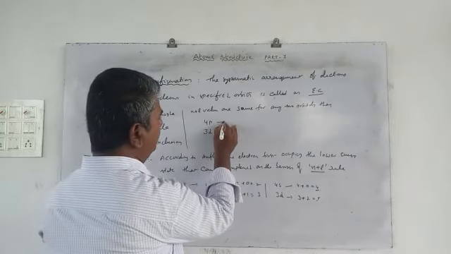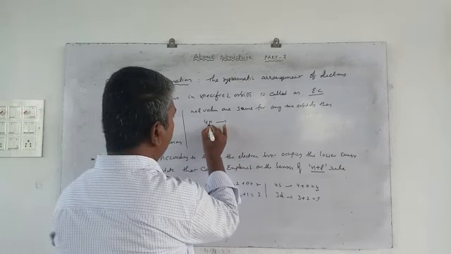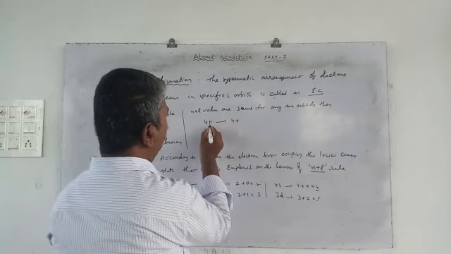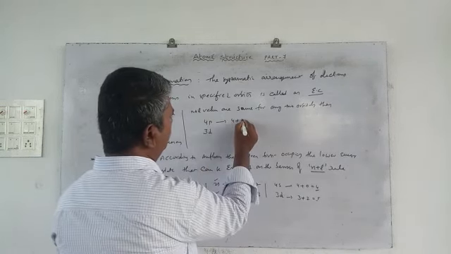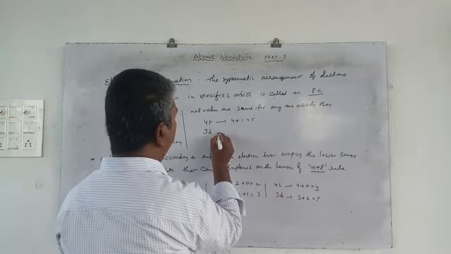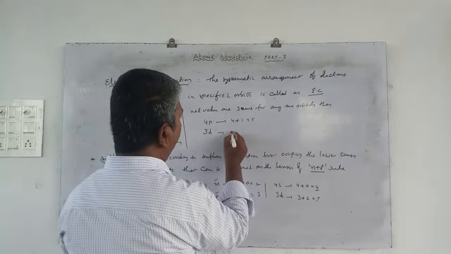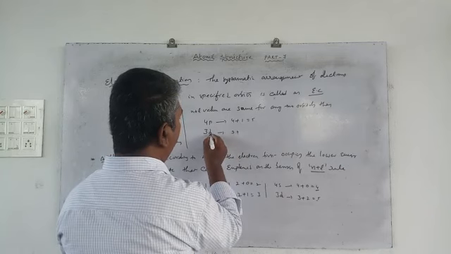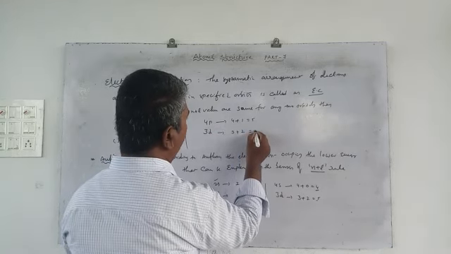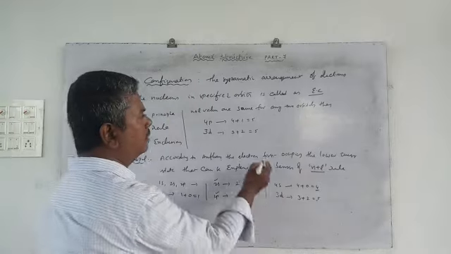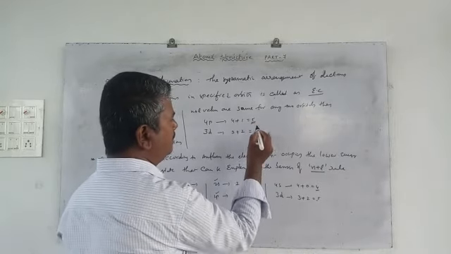For 4p, the principal quantum number is 4 and the L value for p is 1, so we get 5. For 3d, the principal quantum number is 3 and the L value for d is 2, so we get 5.